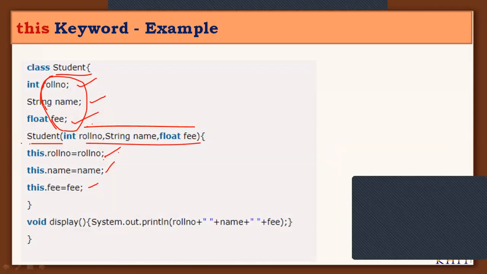To differentiate these two, we can use this.rollNumber for the instance variable, and here the this keyword completely avoids the name collision with local variables. It simply displays the values when we call the display function. Understood?